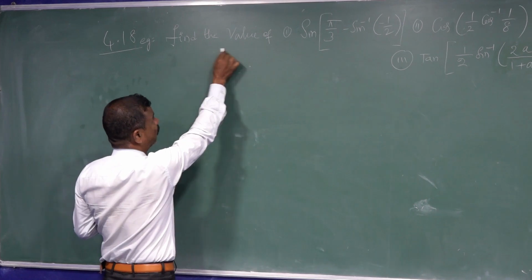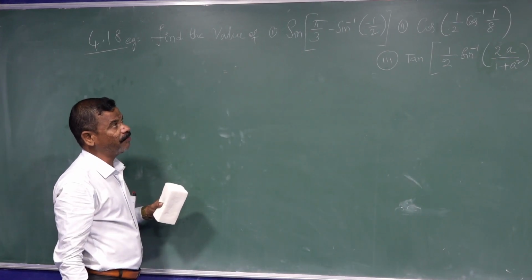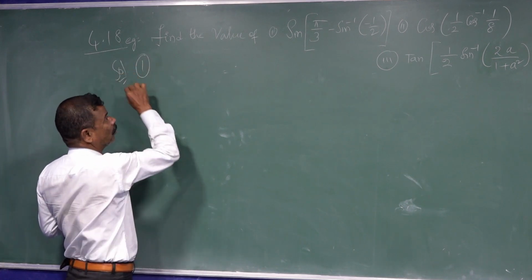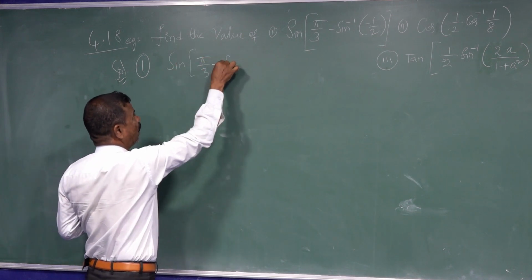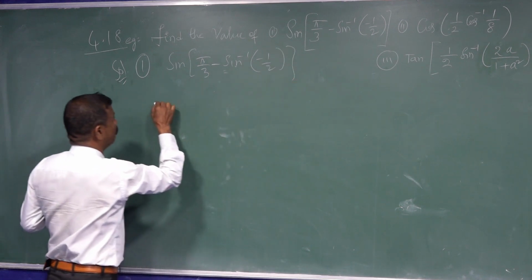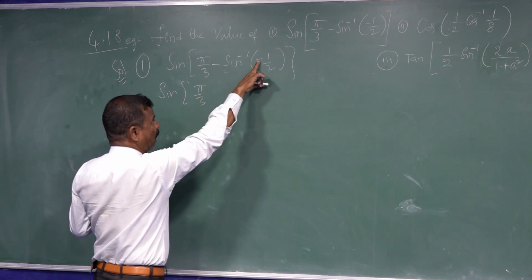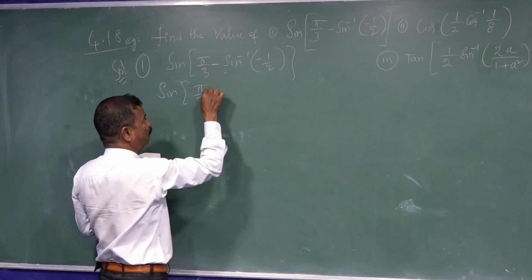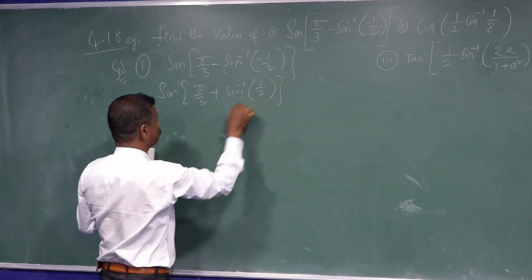4.18 example: find the value of sine 5 by 3 minus sine inverse of minus 1 by 2. So first, solution: sine 5 by 3 minus sine inverse of minus 1 by 2. For sine of 5 by 3, this minus comes outside. Sine inverse of minus x is minus sine inverse x. Minus minus plus sine inverse of 1 by 2.